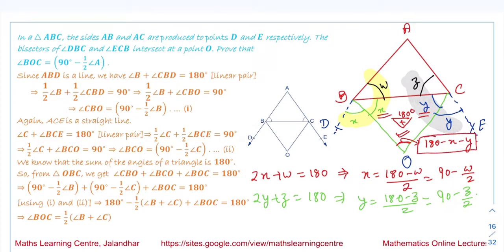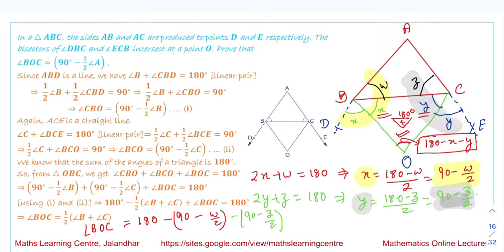So if we substitute these values over here, we will get 180. I am talking about this angle BOC, that is equal to 180 minus the value of x I have, which is (90 minus W by 2), minus the value of y I have, which is (90 minus z by 2).